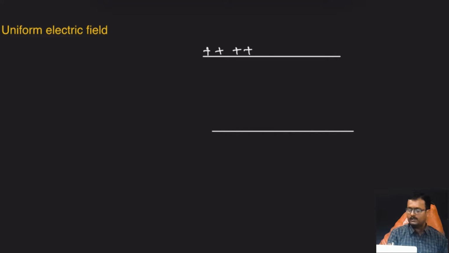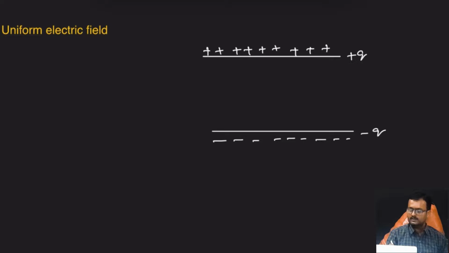See, uniform electric field is created by two parallel plates, one has positive and the other one has negative charge. Suppose total charge on this plate is plus q and this is minus q.